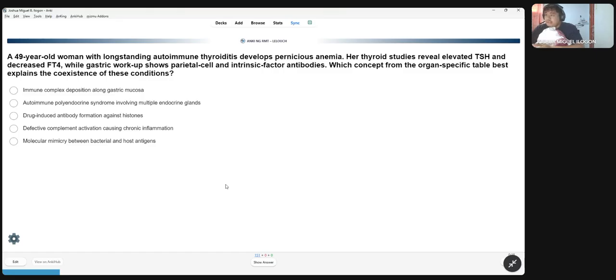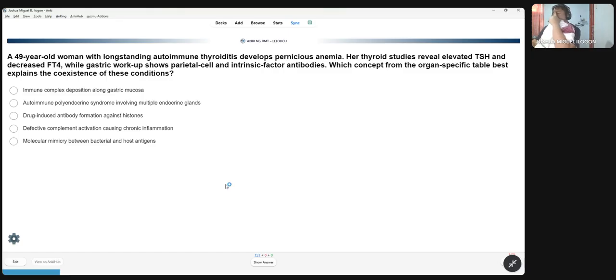Her thyroid studies reveal elevated TSH, increased T4.